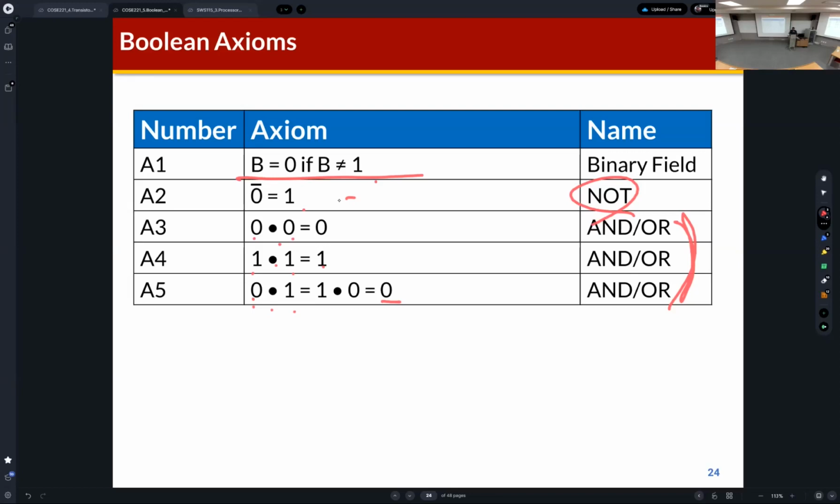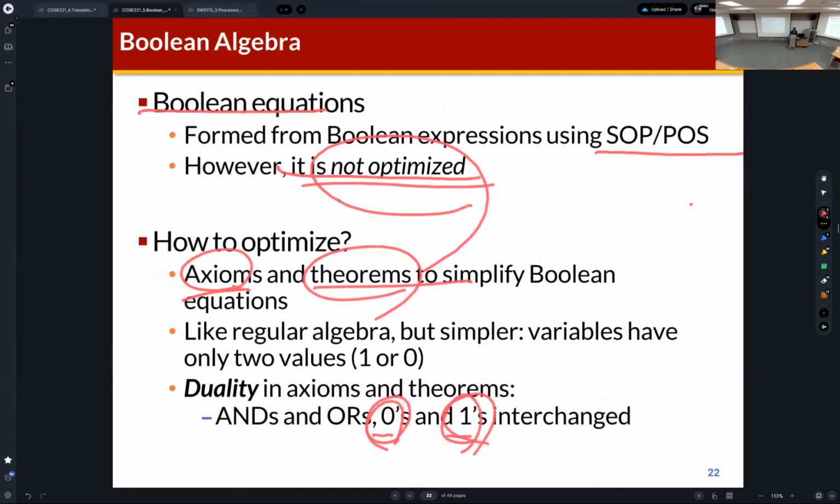That's why the axioms and theorems have duals. Also for AND and OR gates. If we define some theorem or axiom for the AND operation, then we can define similar axioms or theorems for the OR operation. This is called duality.